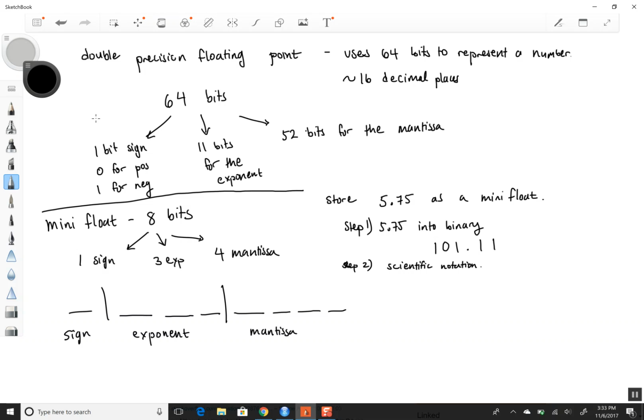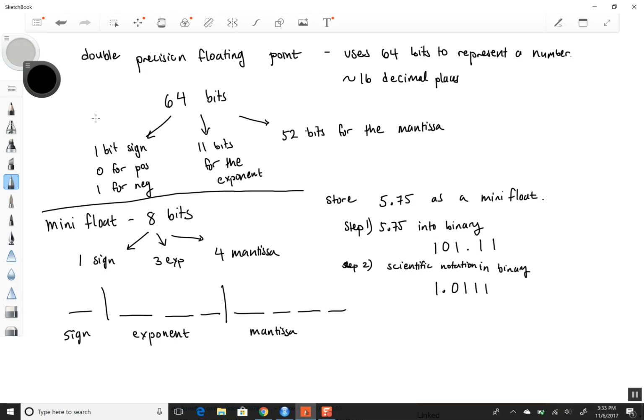Okay, we're going to have scientific notation in binary. So basically, we will have 1 digit in front of the binary point, and everything else goes behind the binary point.